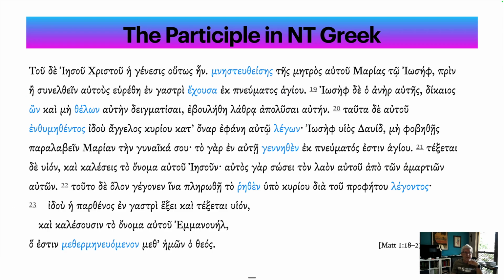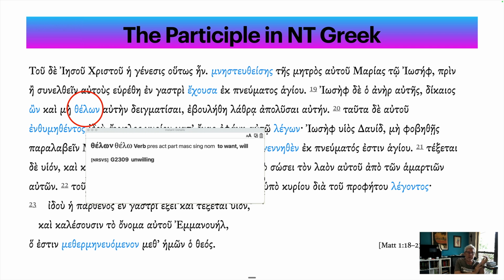And so that's in fact, thelōn is the next example of a participle. Again, Joseph is the subject, so it's going to be masculine. It's still nominative singular. Notice this time we've got the stem of the verb thelō, just with the masculine nominative singular present active participle ending added.